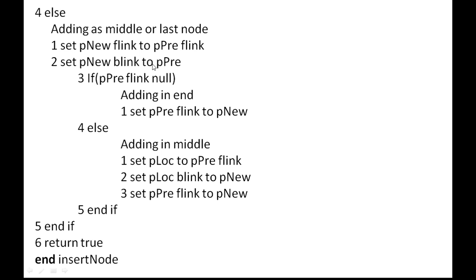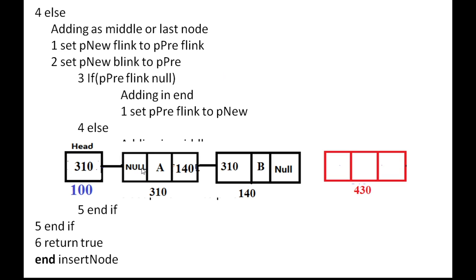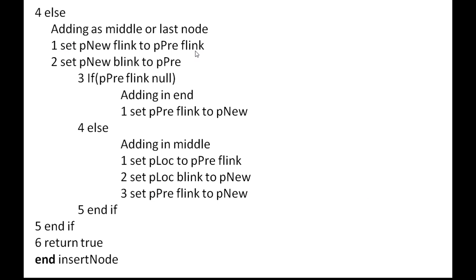So for that what we do is set pnew forward link to p3 forward link. Okay, now the situation has become like this. So we want to insert either at the middle or at the end, but commonly we do these steps: pnew forward link to p3 forward link. Okay, so p3 is the previous node of the new node, where we want to insert, that is after p3 we want to insert the new node.